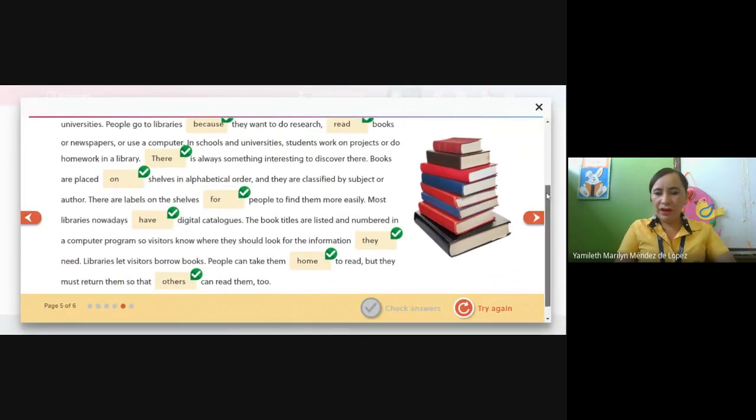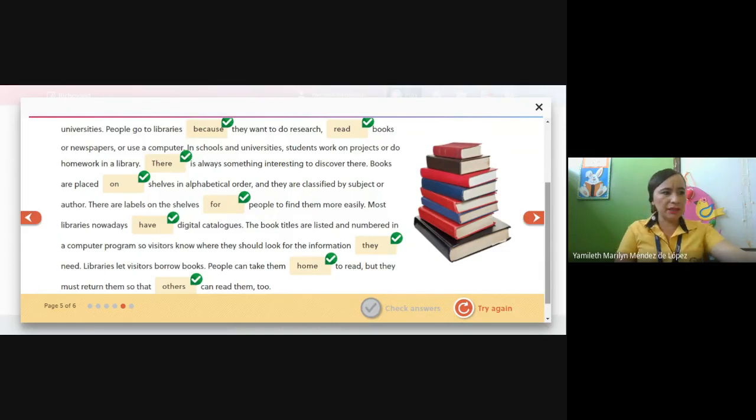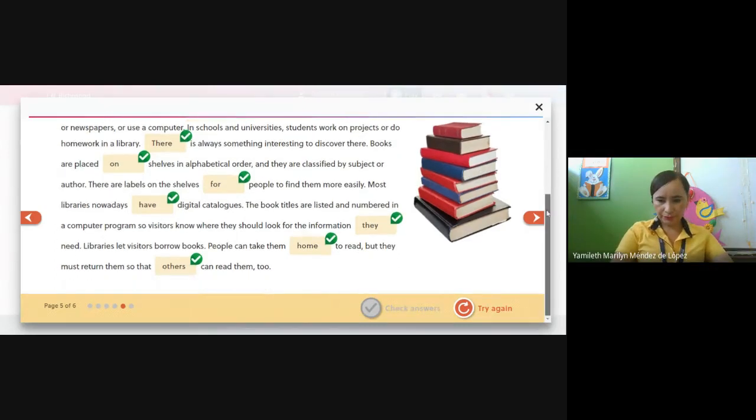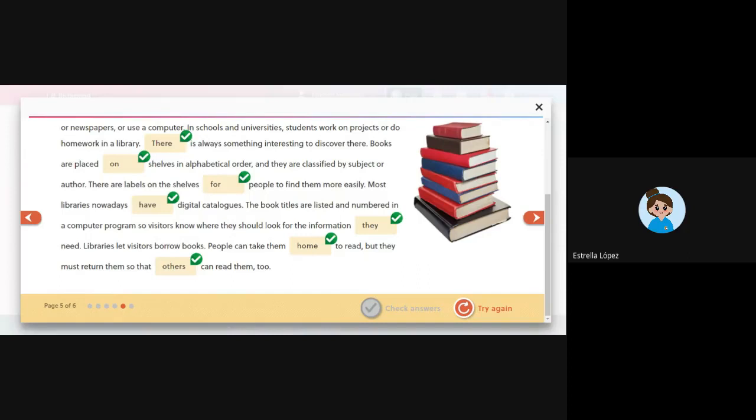Well, what do you think about these activities? Easy, difficult? Are these activities easy for you or difficult for you? For me, it's easy.